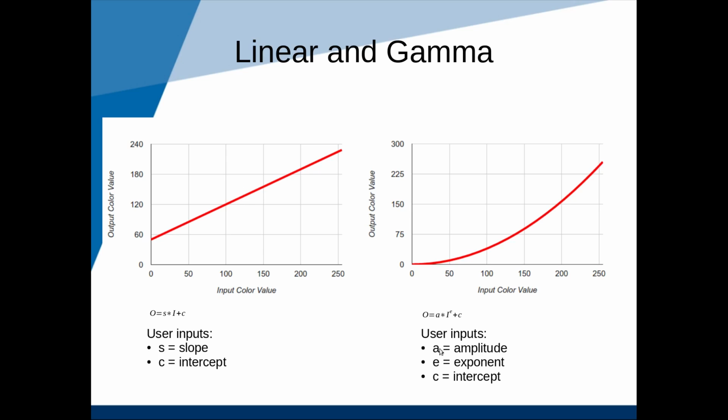And how do these parameters A, E and C affect the graph? Well, intercept is easy. Intercept just shifts the whole graph up or shifts the whole graph down.